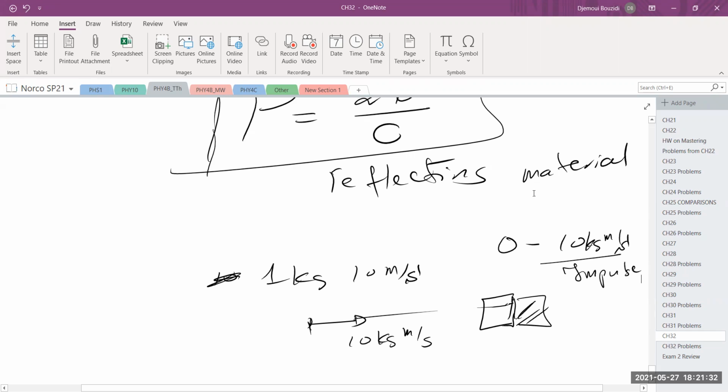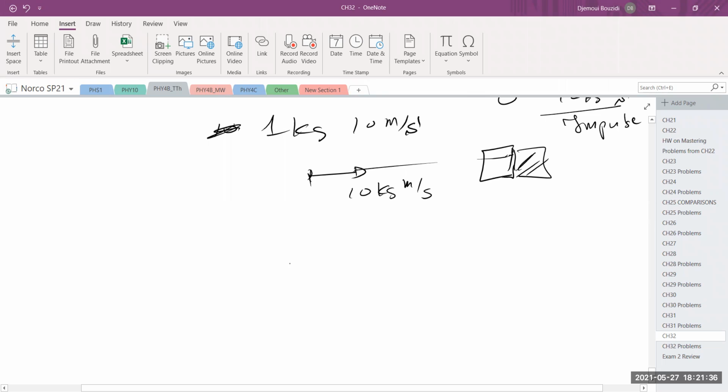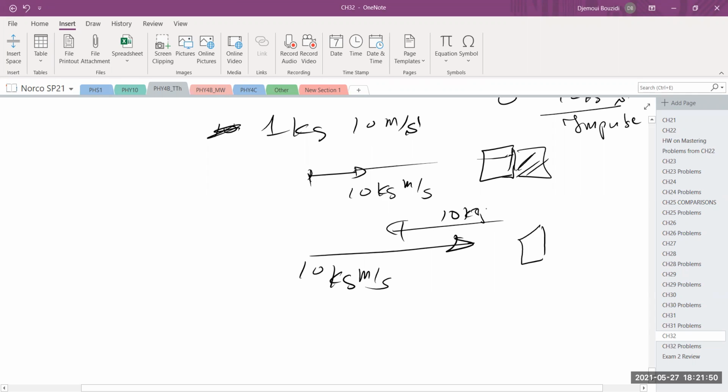Okay. Whereas if you hit it and bounce back, so basically in this case, you have still your 10 kilogram meter per second coming, hitting the object, but then it bounces back. Since it's a perfect elastic collision here, I'm assuming, so it's going to take 10 kilogram meter per second in the opposite direction. So the object in here, how much impulse it's going to receive, it's going to be basically the change in momentum in here.